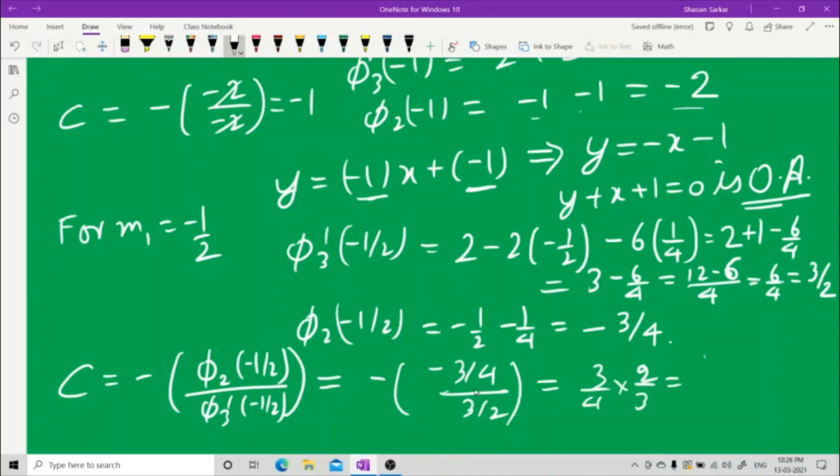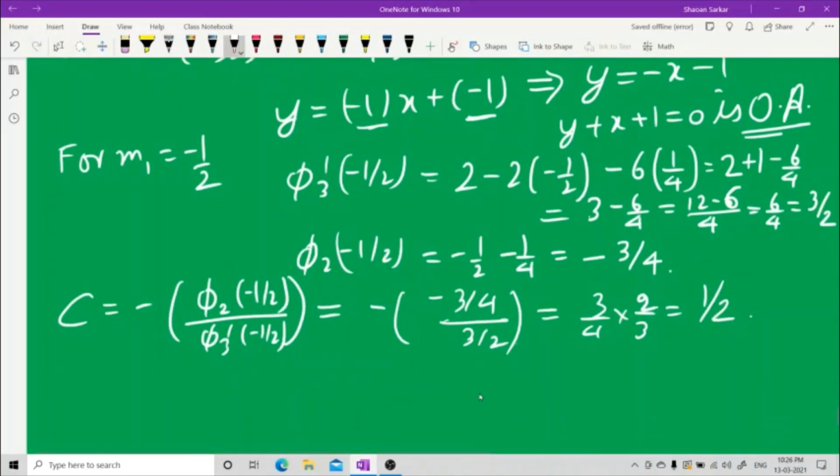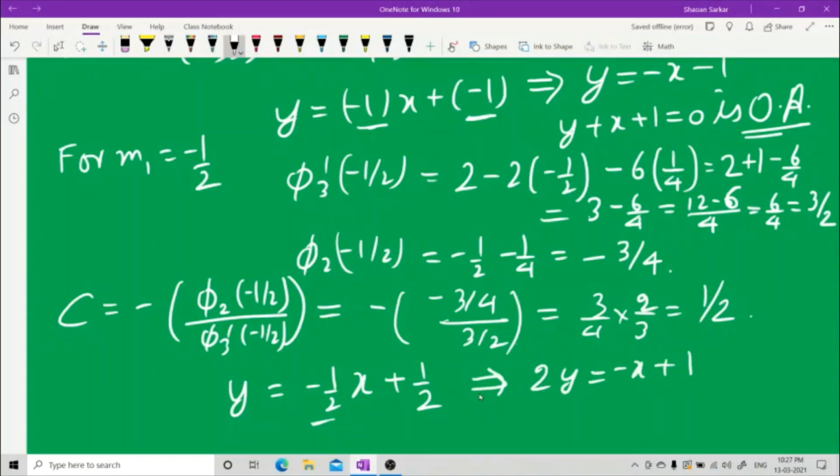This is nothing but half. Now you do one thing. y equal to minus half, that is m, mx plus c. Take LCM. This will be 2y is equal to minus x plus 1. That is 2y plus x equal to 1 is the third asymptote.